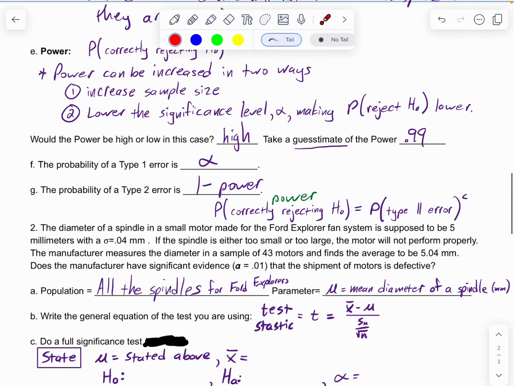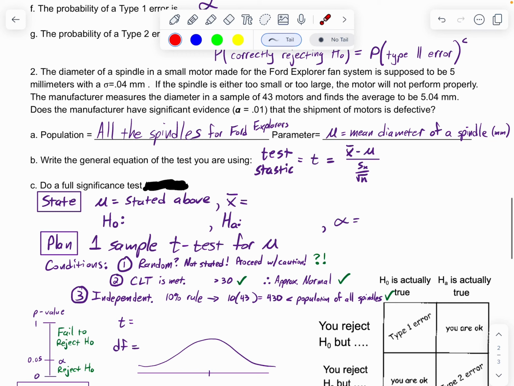All right, moving on. Number 2. This is about spindles at the Ford Motor Company. They're supposed to be 5 millimeters. There's that word supposed to, so this is the claim. So this is my mu, okay? And once again, like the one above it, they are giving me sigma.